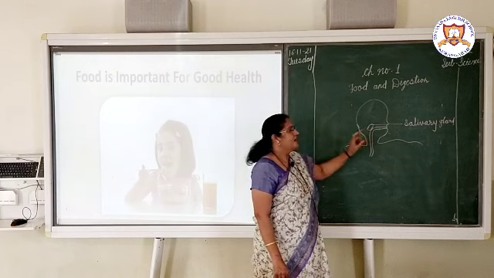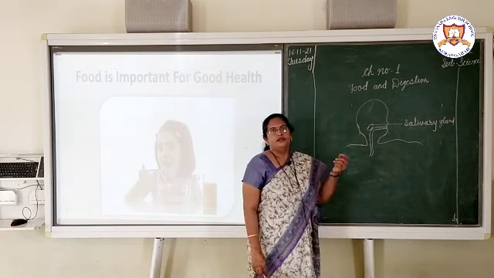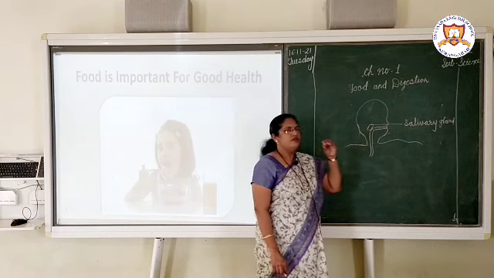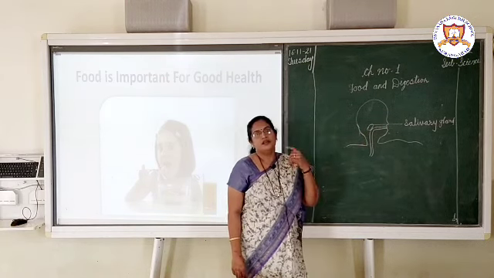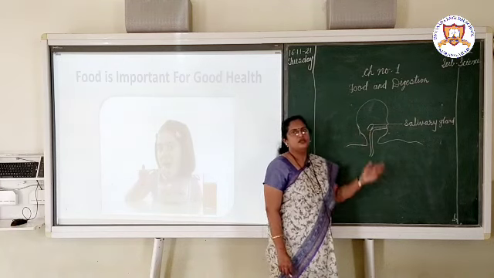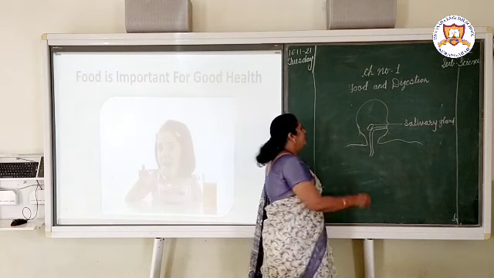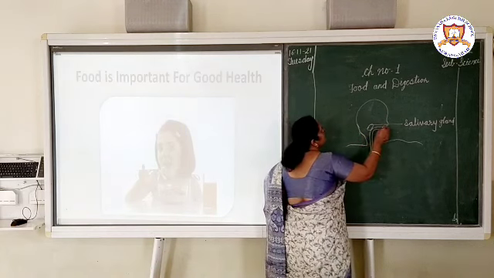So when we eat starchy food like bread or chapati and chew again and again, it tastes sweet. Why? Because the starch converts into soluble sugar, so it tastes sweet.